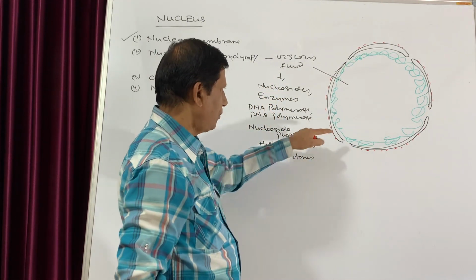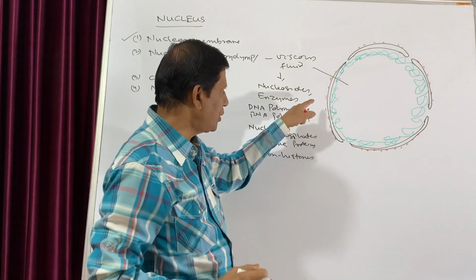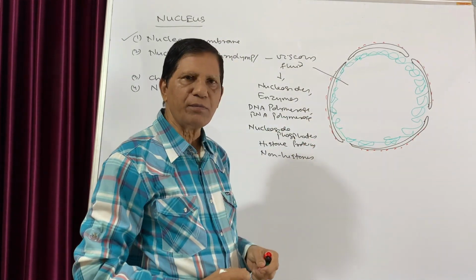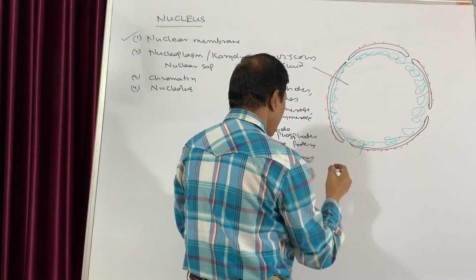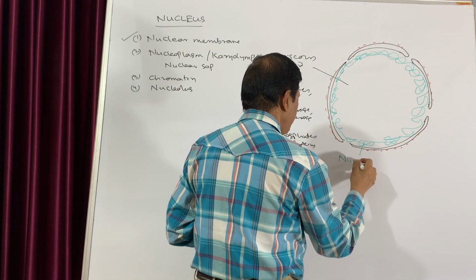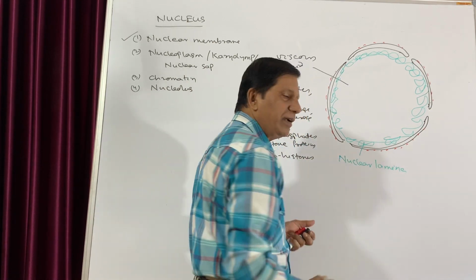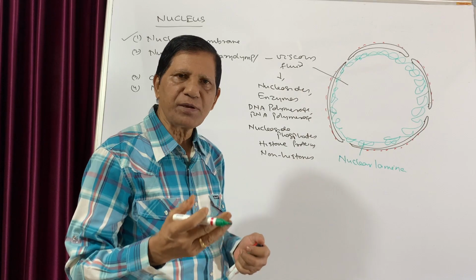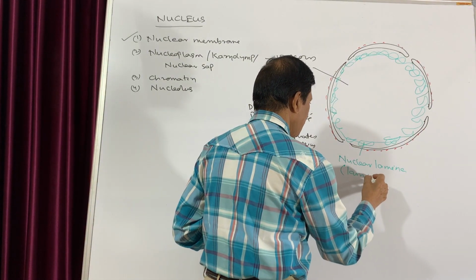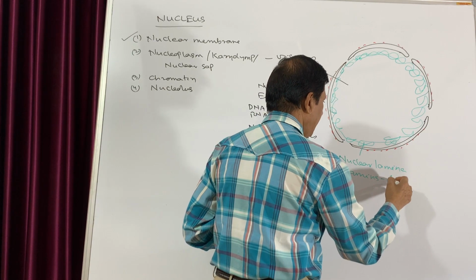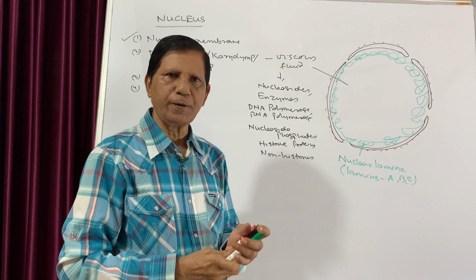This structure, present in the outermost part of the nucleoplasm, just inner to the nuclear membrane, is known as the nuclear lamina. It consists of different types of lamin proteins: lamins A, B, and C.